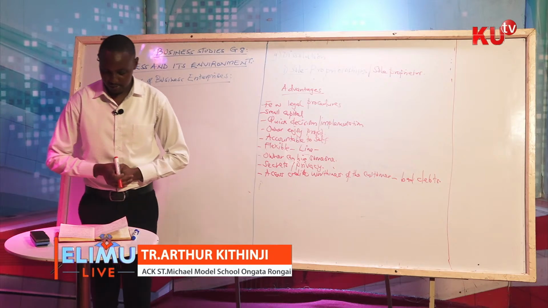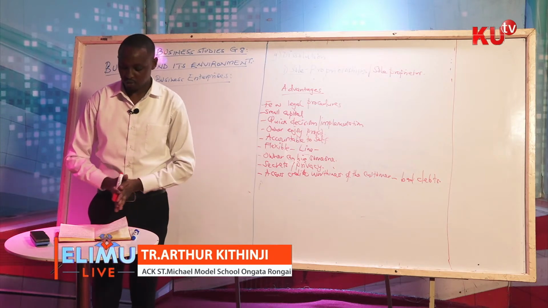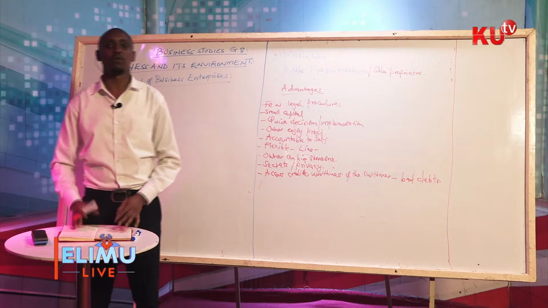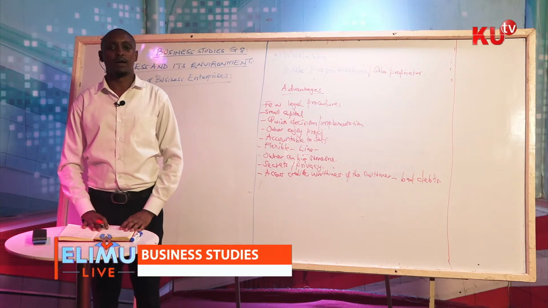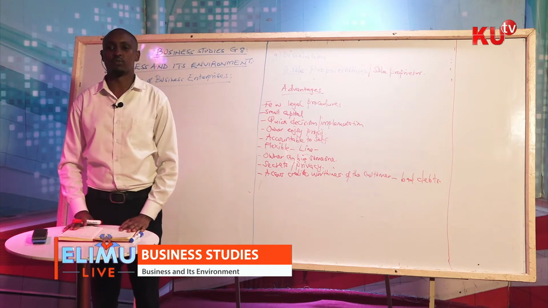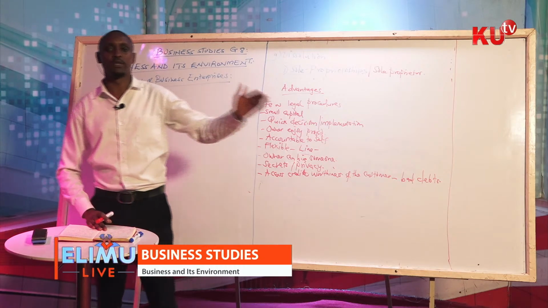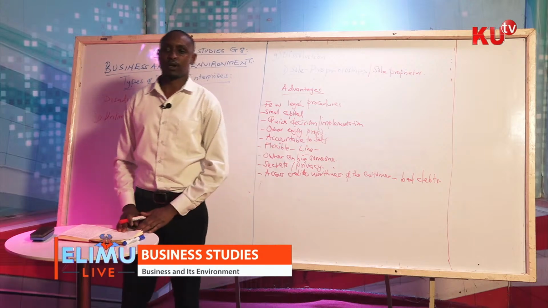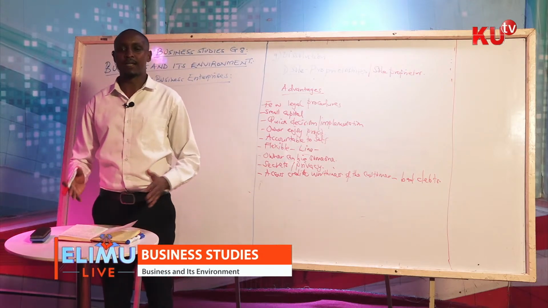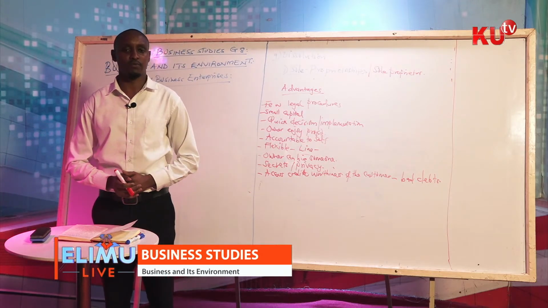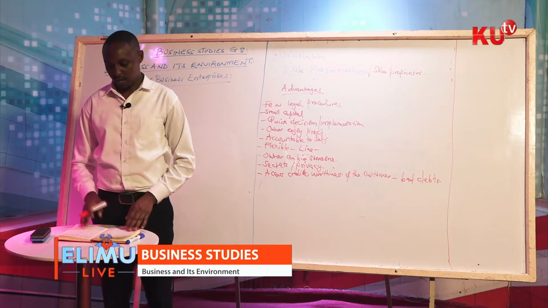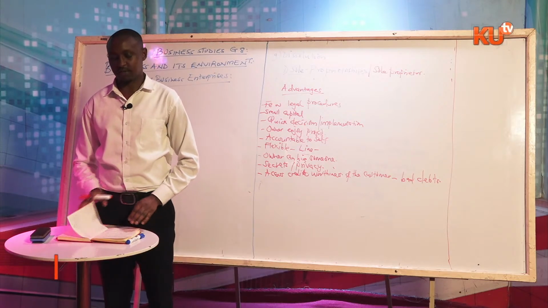And then number 3, we have poor decision making. Poor decision making could arise because the sole trader consults nobody. Lack of consultation could lead to poor decision making. Poor decision making could lead to collapse or a decline in service provision by the sole proprietorship, and this could be a very big disadvantage.